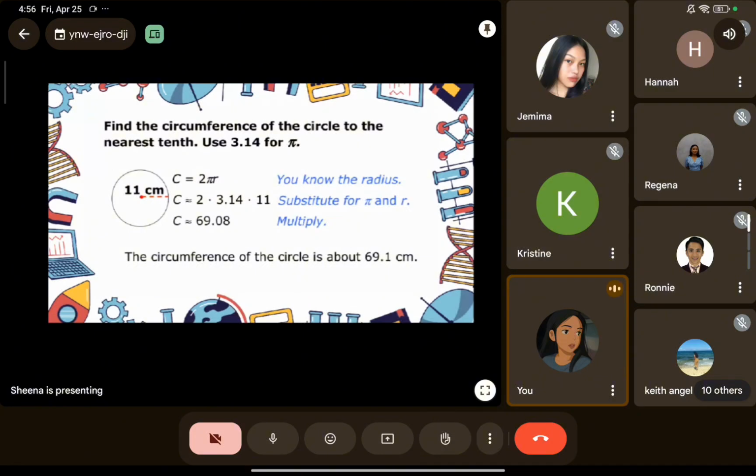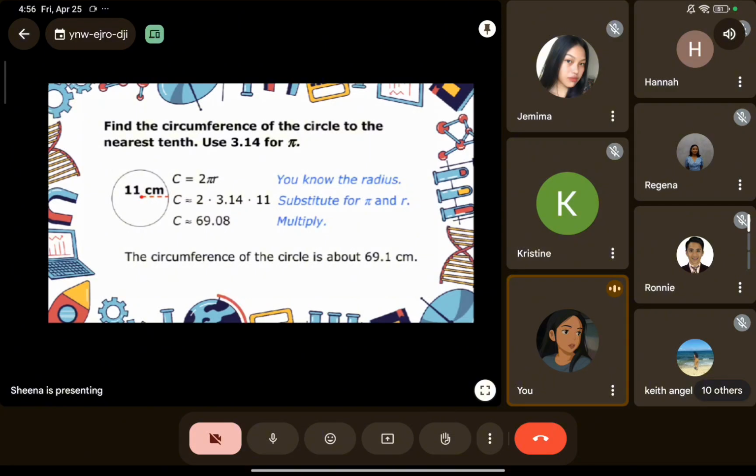So C equals 2 times 3.14 times our radius, which is 11. 2 times 3.14 is 6.28, then times 11 is equal to 69.08. So, the circumference of the circle is about 69.1 cm.